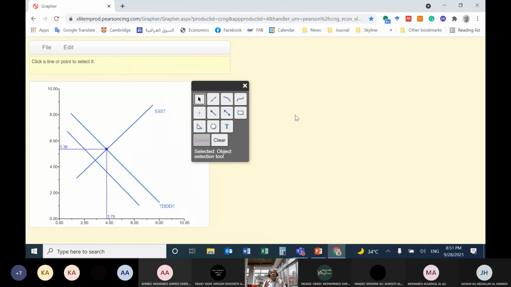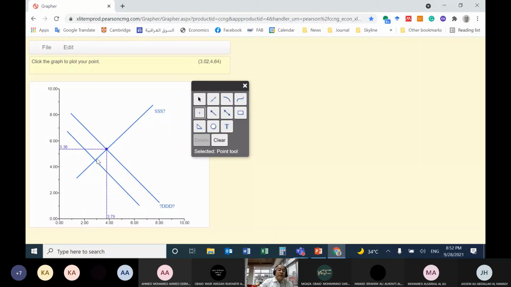Now assume the supply curve is the same. What will happen to the equilibrium price of tomatoes? Decrease. What will happen to equilibrium quantity? Decrease.